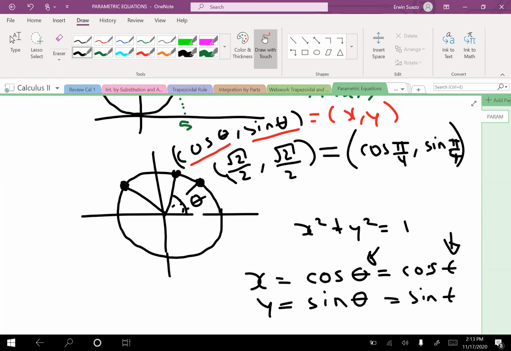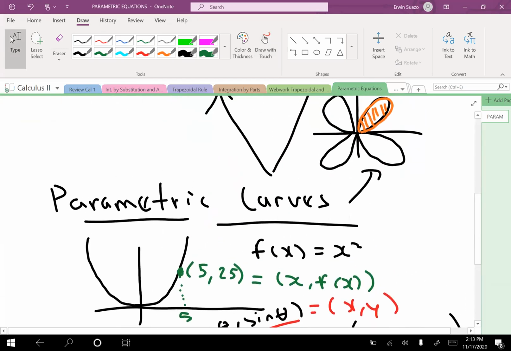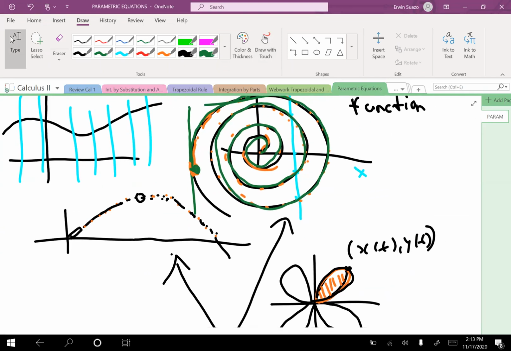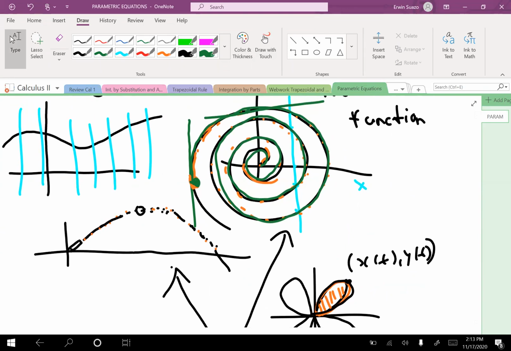We want to describe these graphs basically in terms of time. So we want to say this guy is moving. This point is going to be x of t, y of t. The inspiration is sine and cosine, but also here this is x of t, y of t.